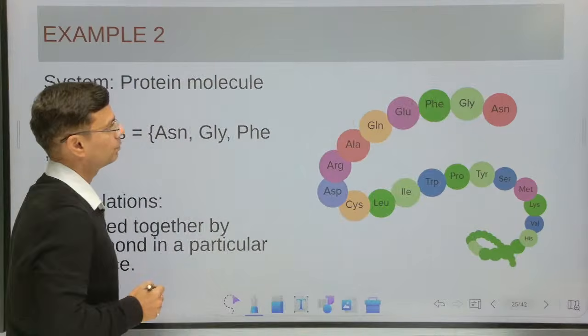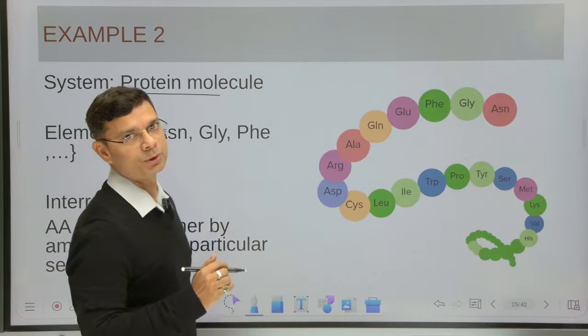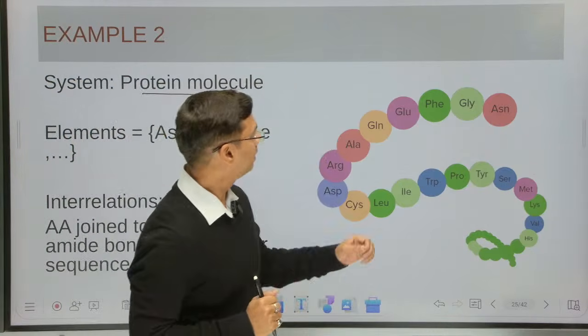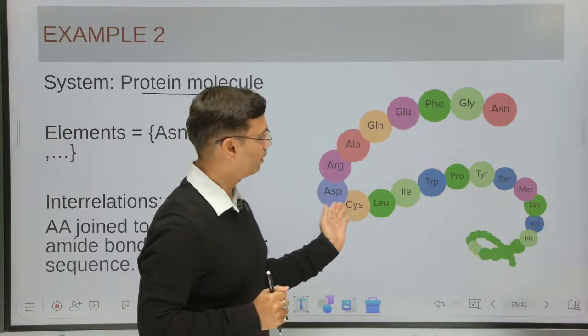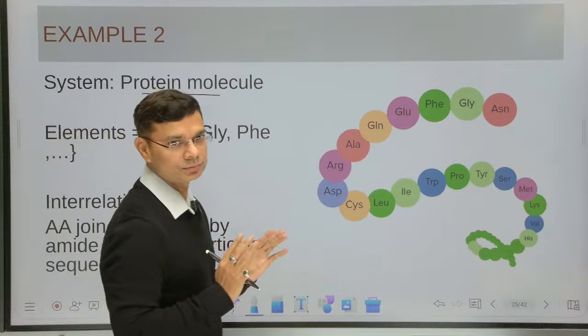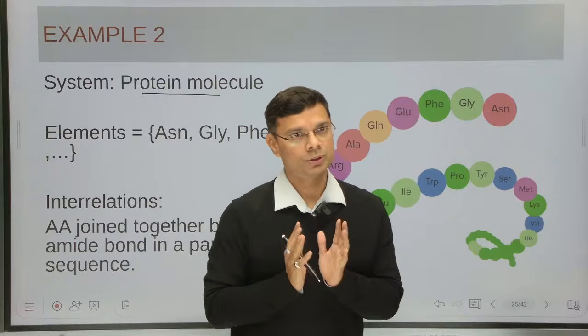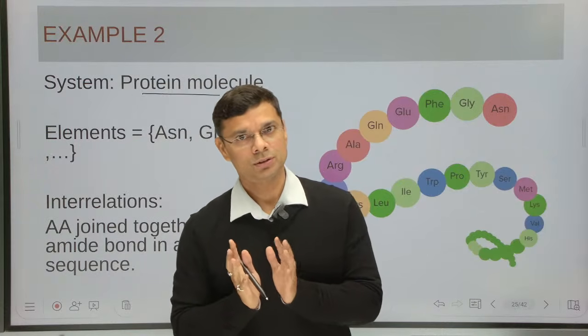Okay, protein molecule. Everybody knows proteins are made up of amino acids, and this is the chain of amino acids. Now again, our system is protein. Now what you have to think, what are the elements of this system?